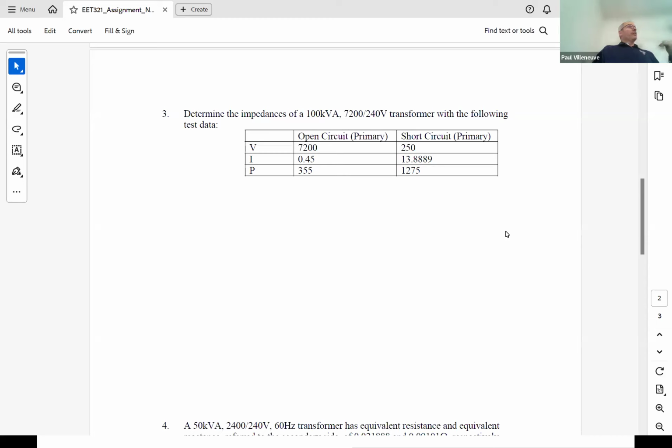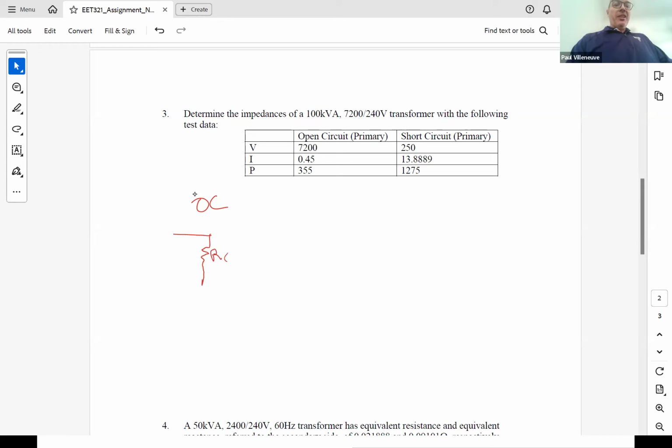Okay, so there was a question before class officially started, which is how do you do the open circuit and short circuit tests? Here's the homework problem. Here's the open circuit test. Let's go ahead and draw a picture.